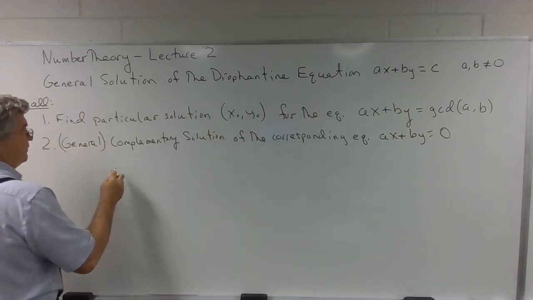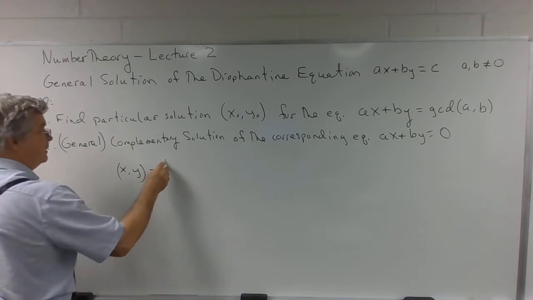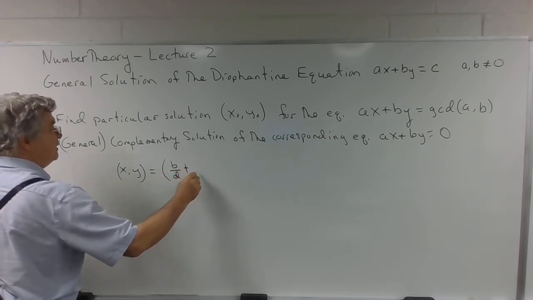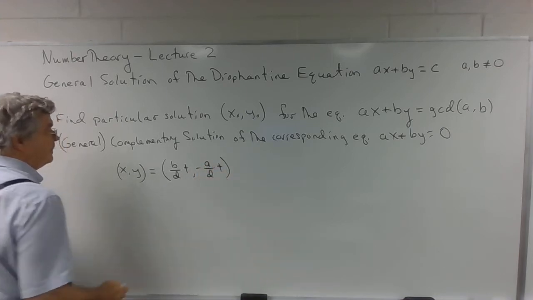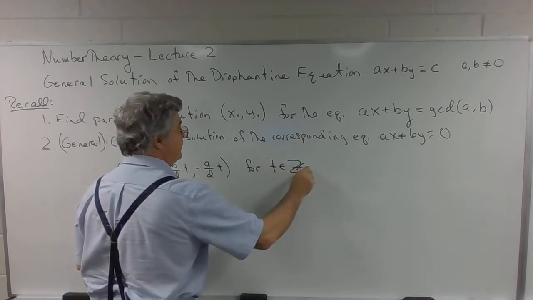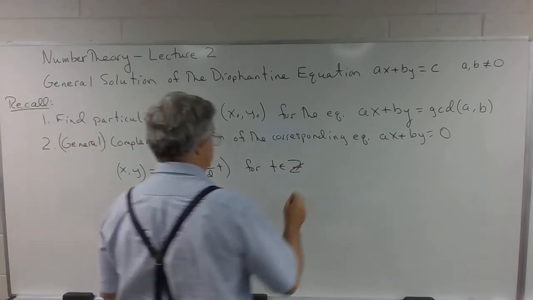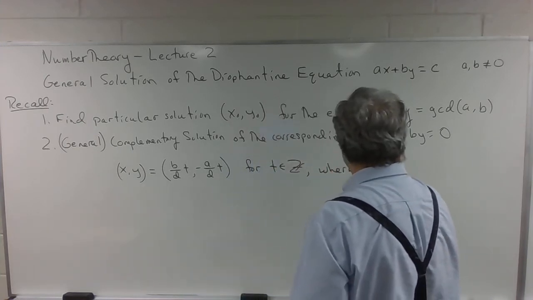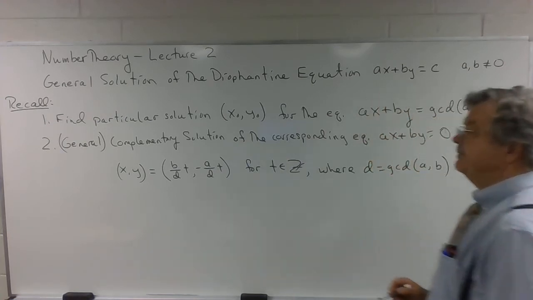And this is given in terms of (x, y) equals (b over d times t, negative a over d times t) for all integer values of t. And d here is the greatest common divisor of a and b.